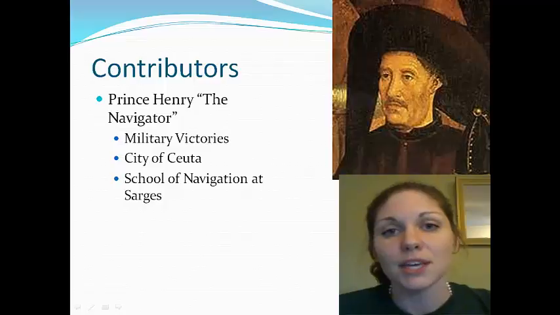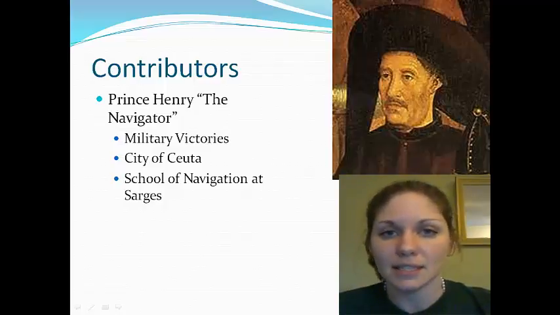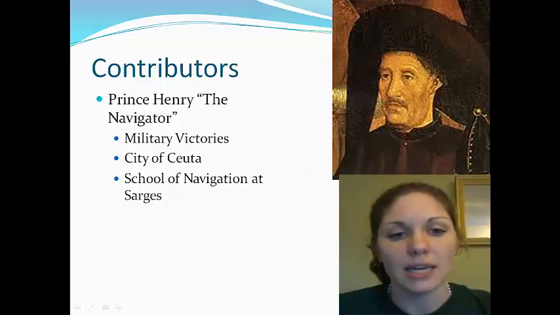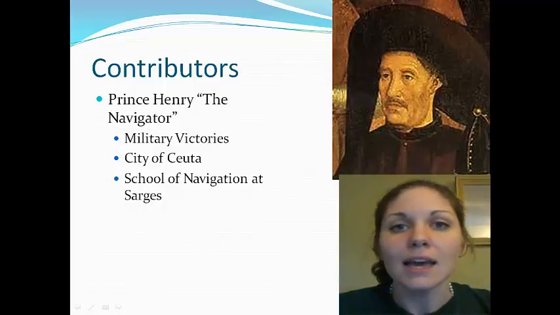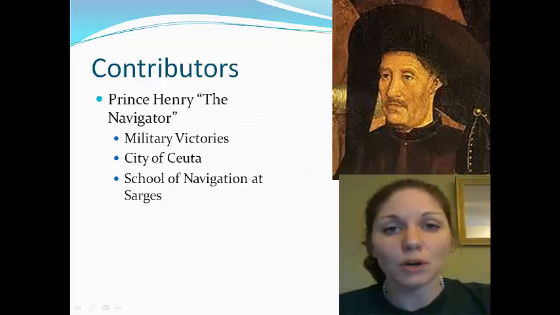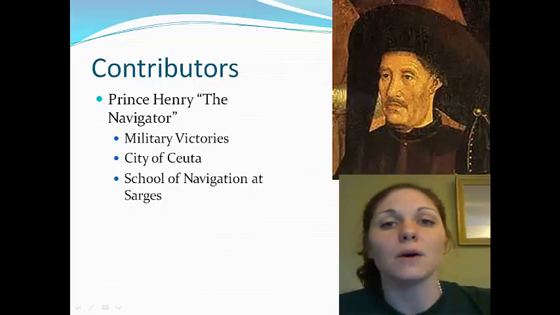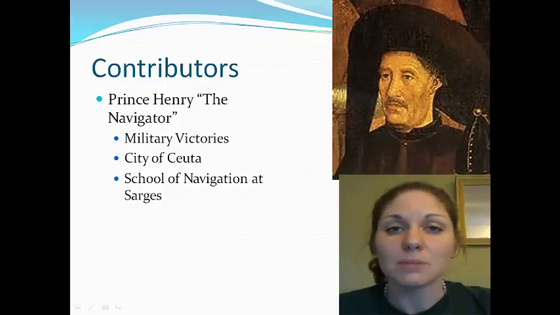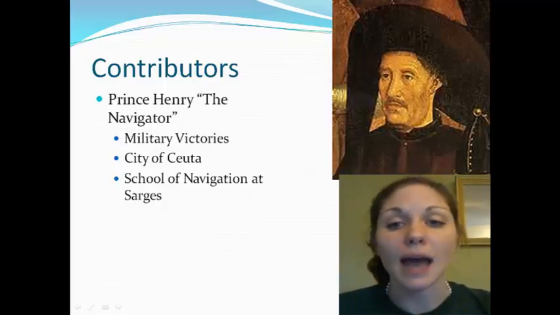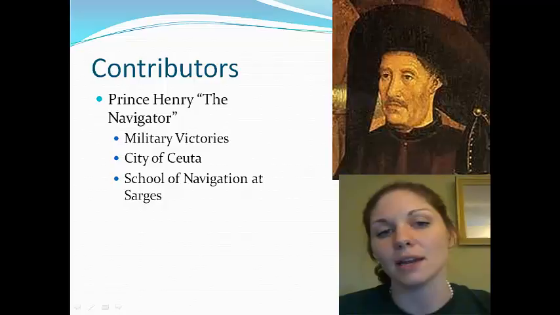They come up with more accurate maps, so they really set the stage for this exploration to take place. Specifically, a couple of Portuguese explorers that we'll talk about in our next video make some pretty big leaps and discoveries, or do some pretty impressive things because of this school of navigation that Henry set up.